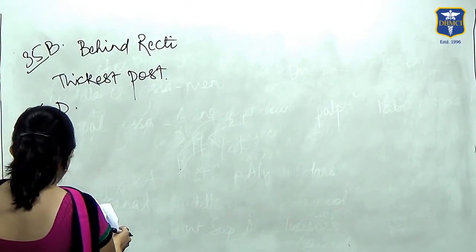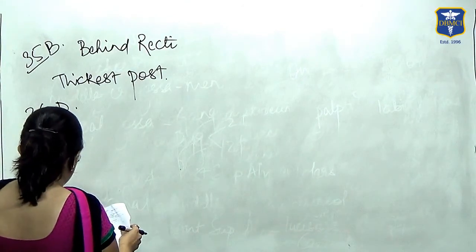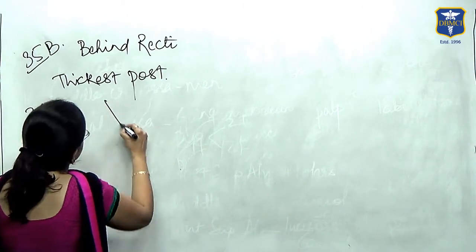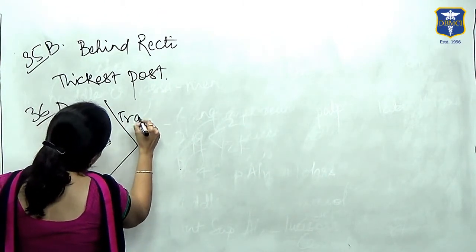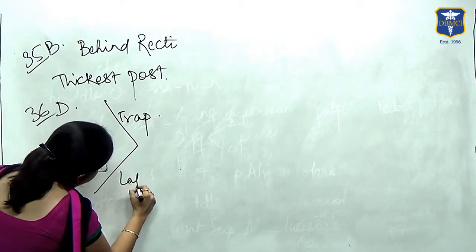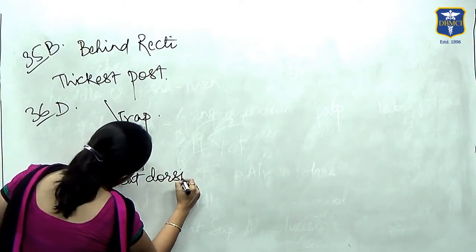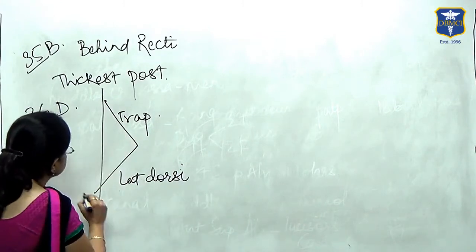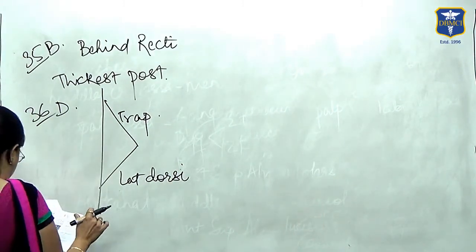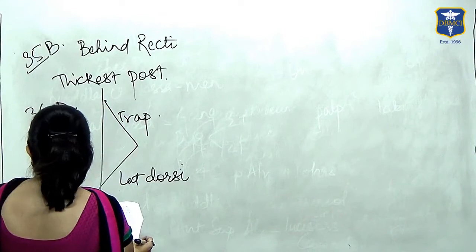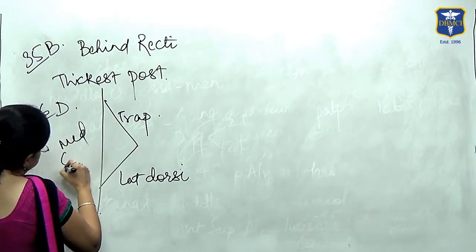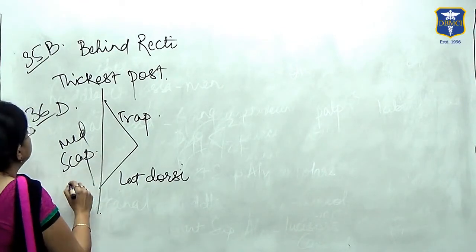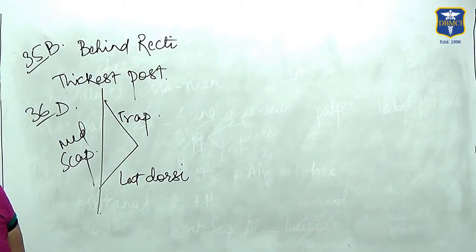The triangle of auscultation is bounded superiorly by trapezius, inferiorly by latissimus dorsi, and laterally by the medial border of the scapula.